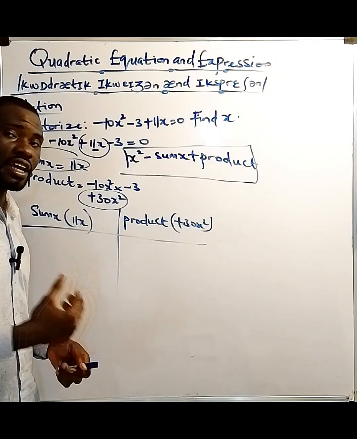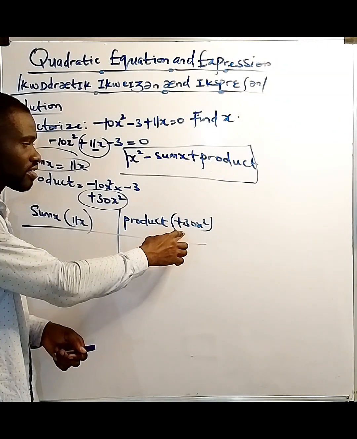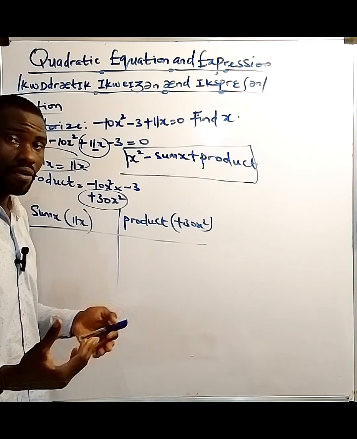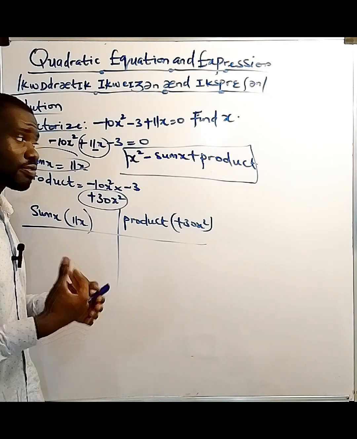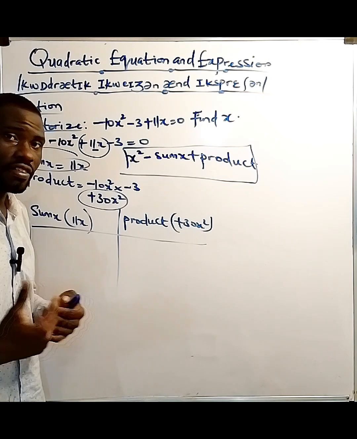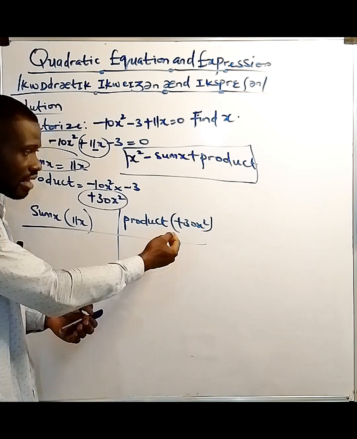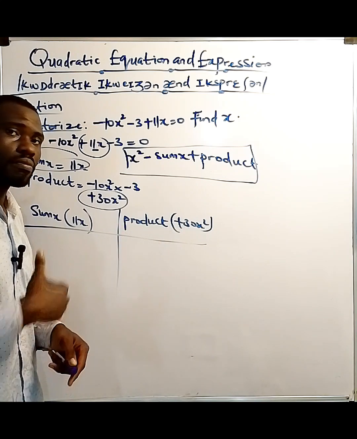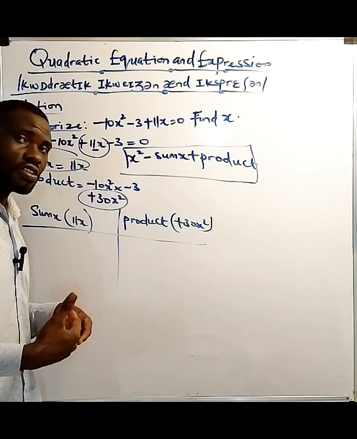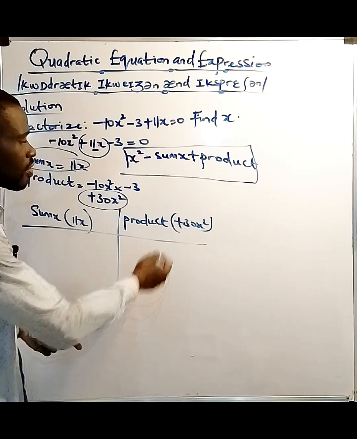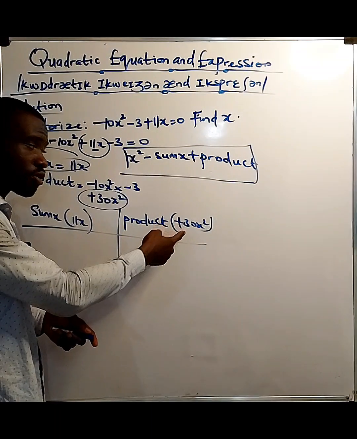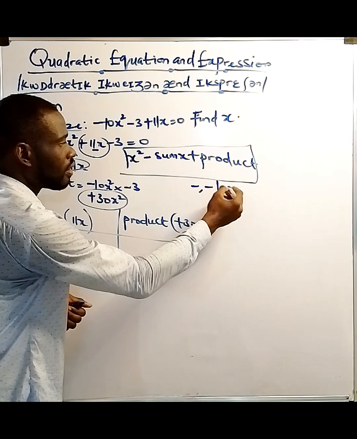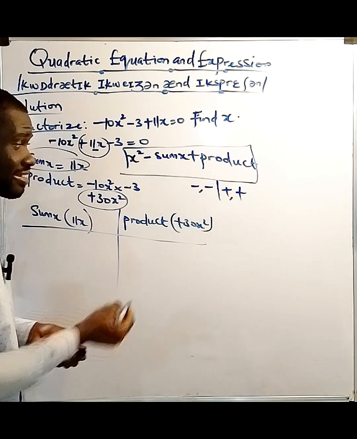Don't forget, whenever we have a positive product, it means factors with the same signs, either plus and plus or minus and minus, came together to give us this product. Whenever we have a negative product, it means factors with different signs came together to bring about this product. So here we have a positive product. So it means we have either minus minus or plus plus coming together to give this.